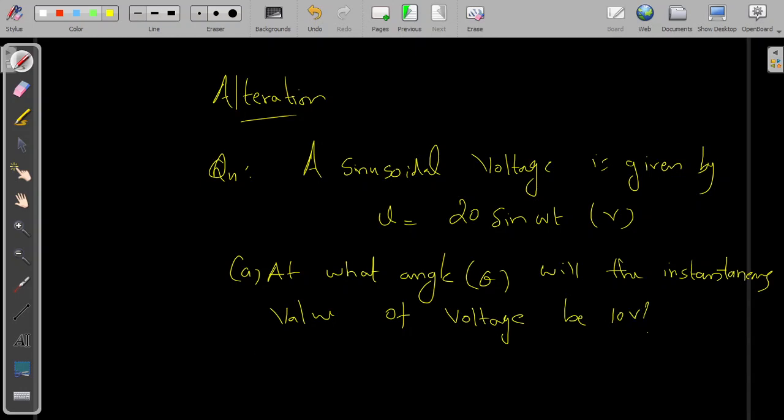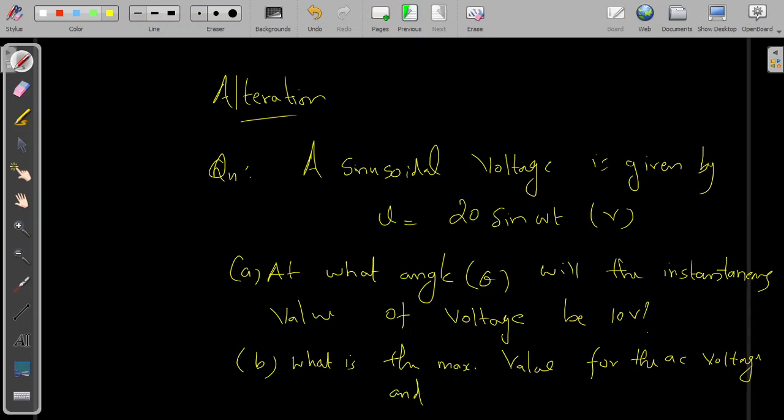And question B: what is the maximum value of the voltage waveform for the AC voltage, and at what angle?